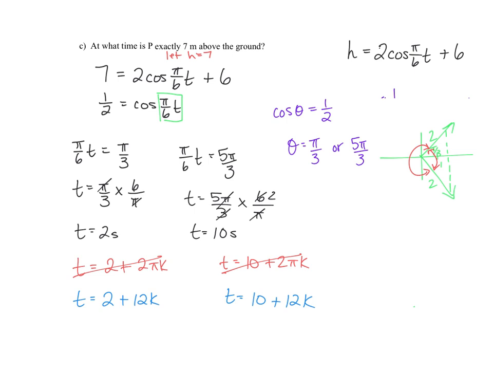So every 12 seconds later, we will reach that height of 7 meters. And since those terminal arms do not repeat at regular intervals, there's 2 different statements that we need to tell us when that will occur.